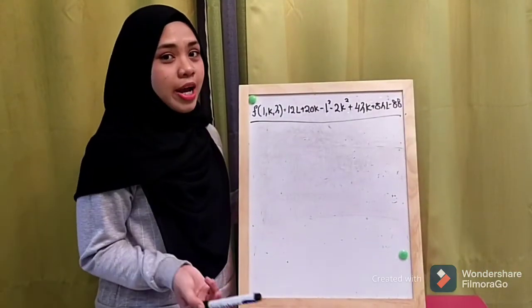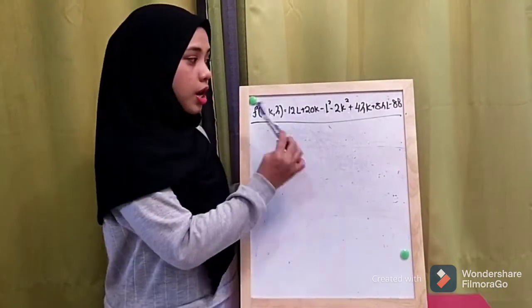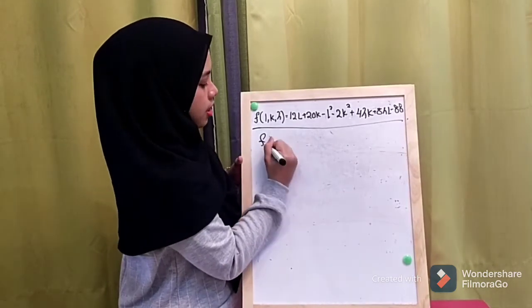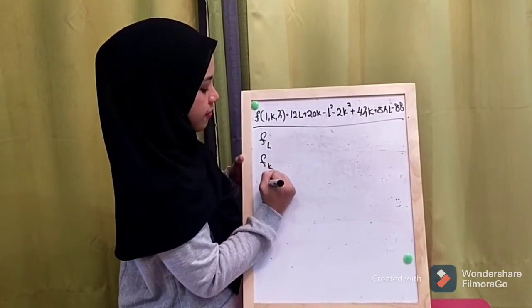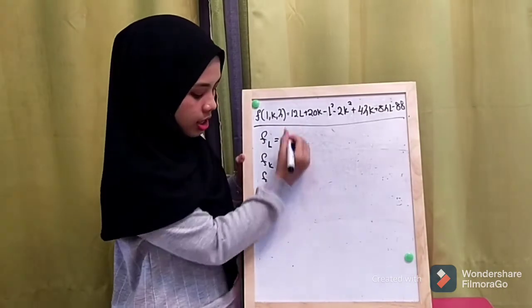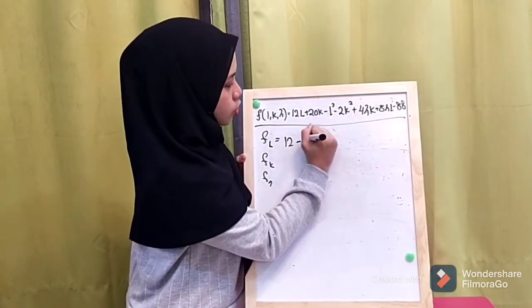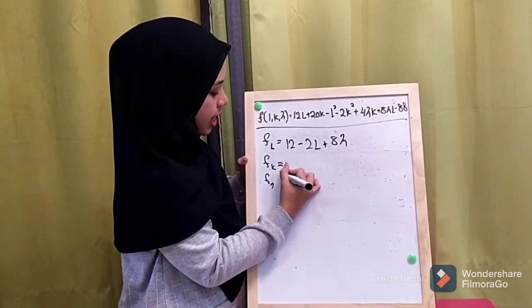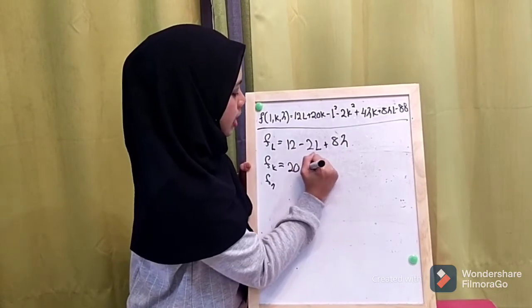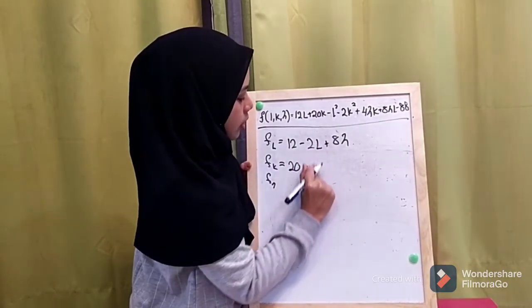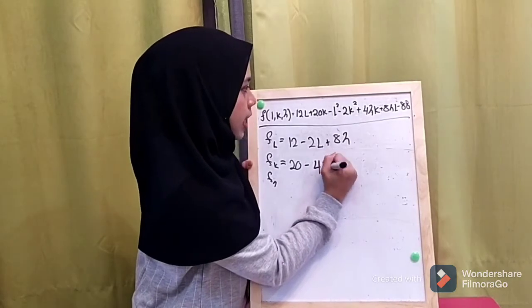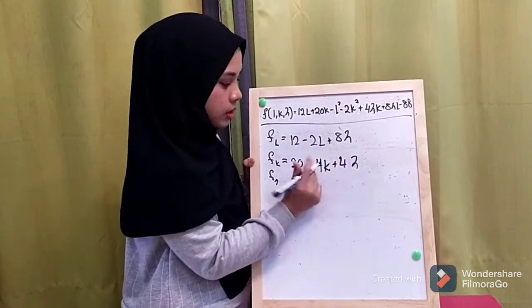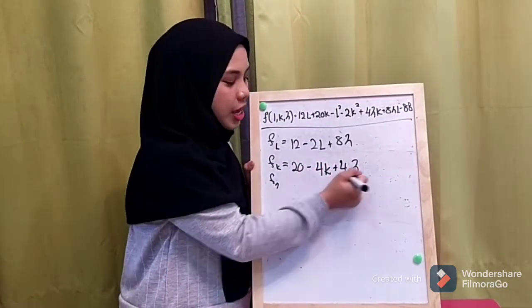I already wrote the Lagrange function that I got just now above here. So I will differentiate it to get F_L, F_K, and F_lambda. For F_L, we will get 12 minus 2L plus 8 lambda. For F_K, we will get 20 minus 4K plus 4 lambda. Sorry for the mistake, it's actually minus 4K plus 4 lambda.